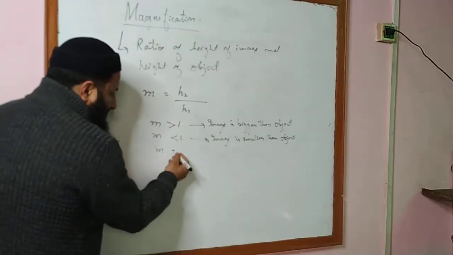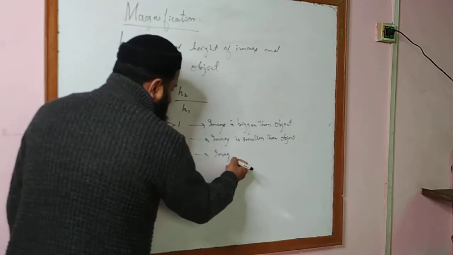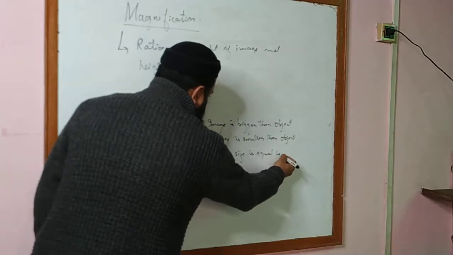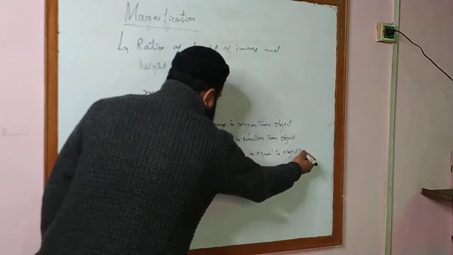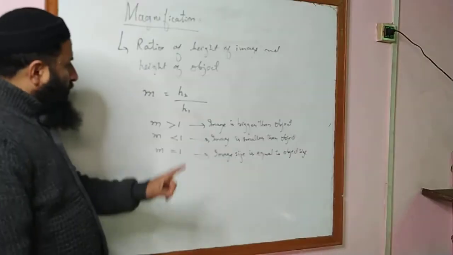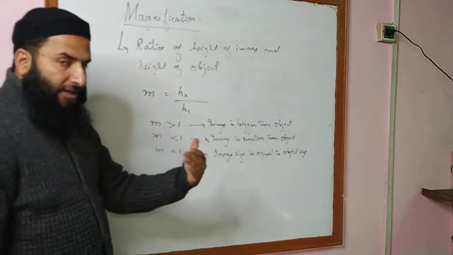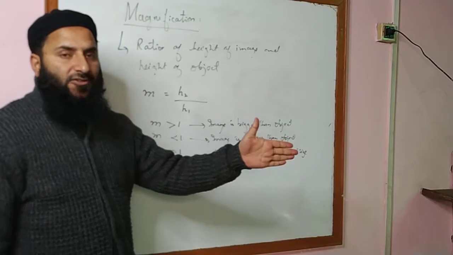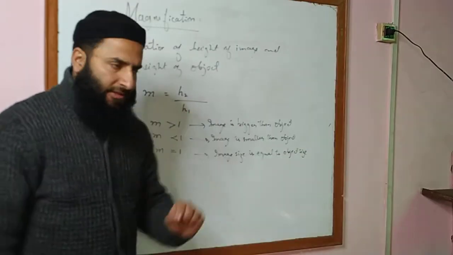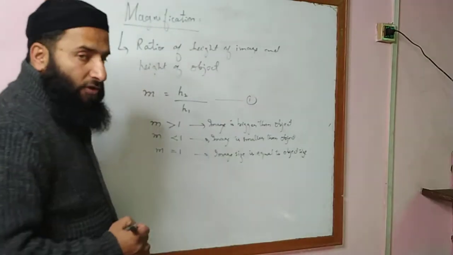And if m is equal to 1, it means image size is equal to object size. By taking the ratio of height of image and height of object, we will come to know, is image bigger than the object or smaller than the object or equal to the size of the object. Okay, let me represent it by equation 1.